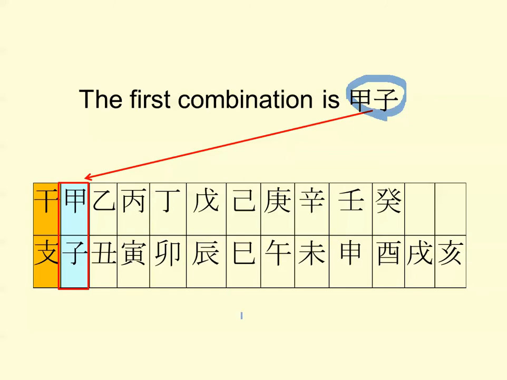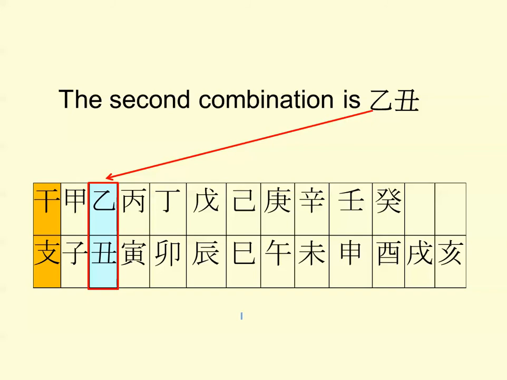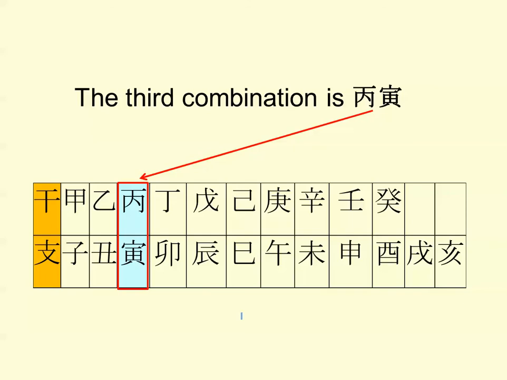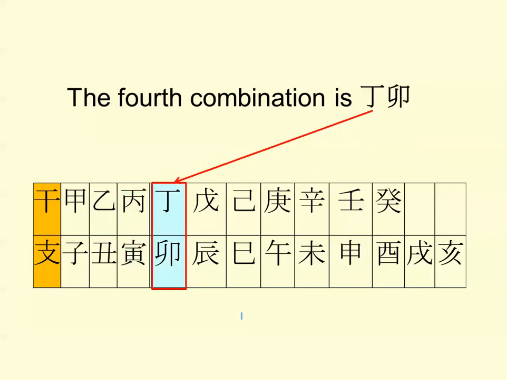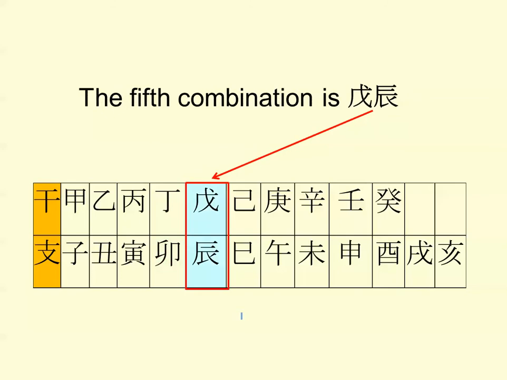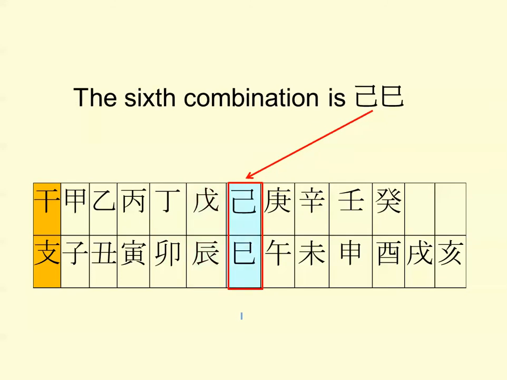The next combination takes the next two symbols and puts them together. And so you can call these a combination, or you can call them a cycle. The next takes the next two, and so on, and so on. I think you can start to get the feel for what's going on here.